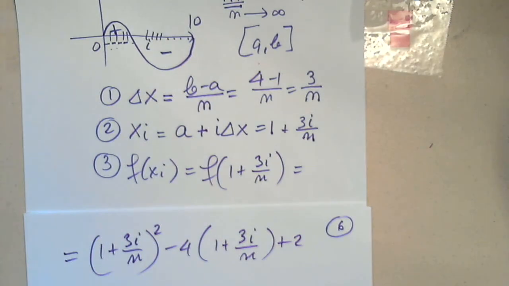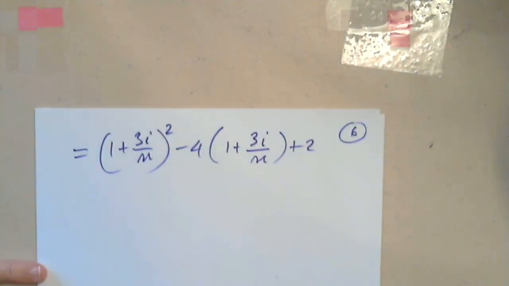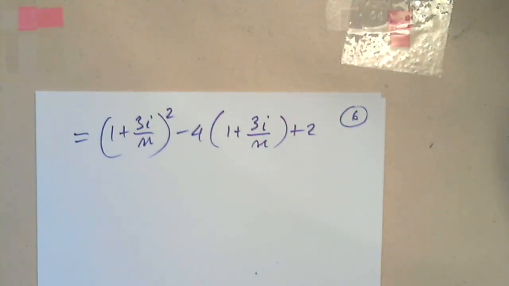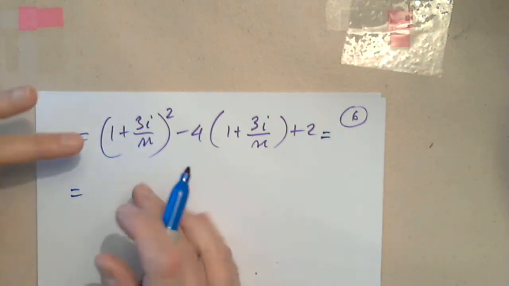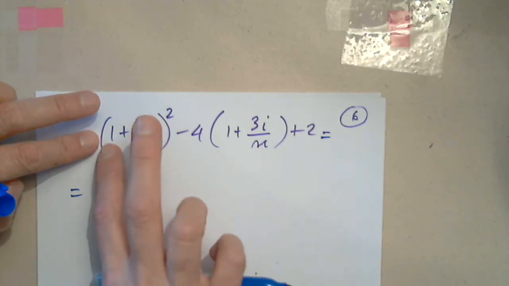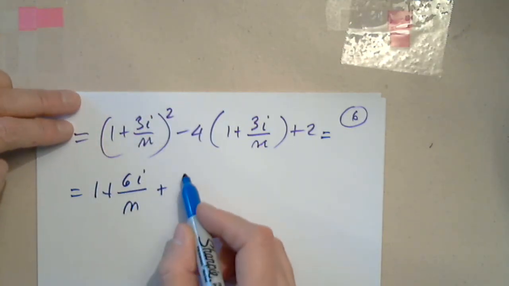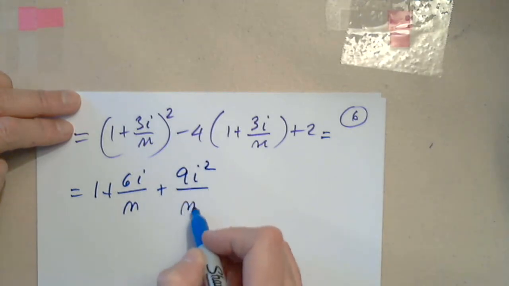You understand that that's one technique. If you find another technique that works for you, please use it. I prefer simplifying this to the fullest before I put it in the limit of the Riemann sum. So when I square a binomial, I get 3 terms: the first term squared, plus 2 times the first times the second, plus the second term squared.